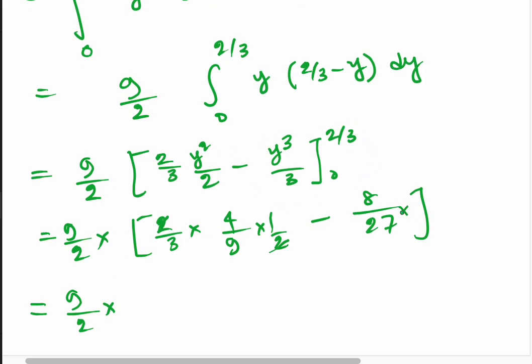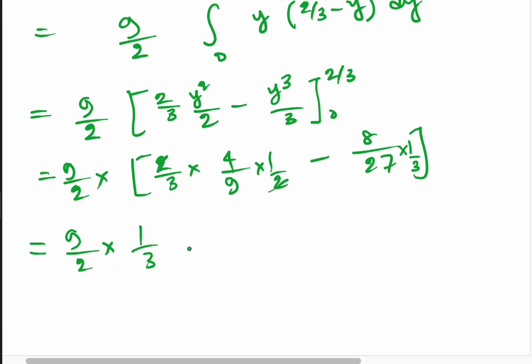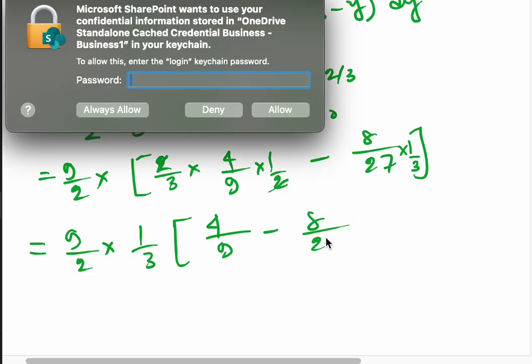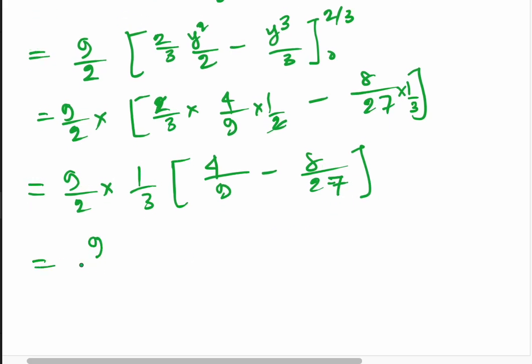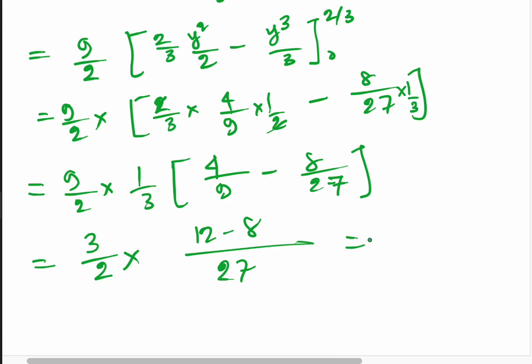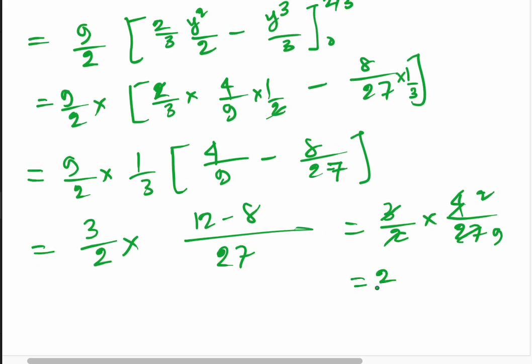Okay, there is another 3 there, right? This 3 is there that I missed. Y cube by 3, y cube 8 by 27, times 1/3. So this is 1/3 times 4 by 9 minus 8 by 27. So this is 9 by 2 into 1/3, that is 3 by 2 into (12 minus 8) by 27. So this is 3 by 2 into 4 by 27. 2 into 3 is 9. So the answer is 2 by 9.